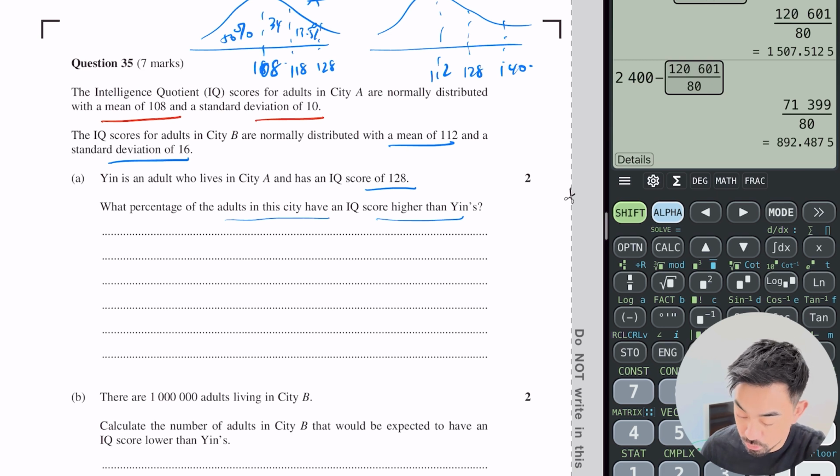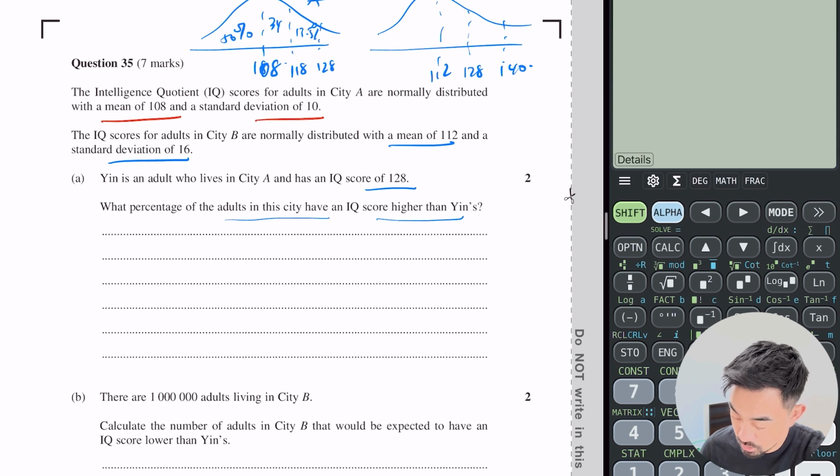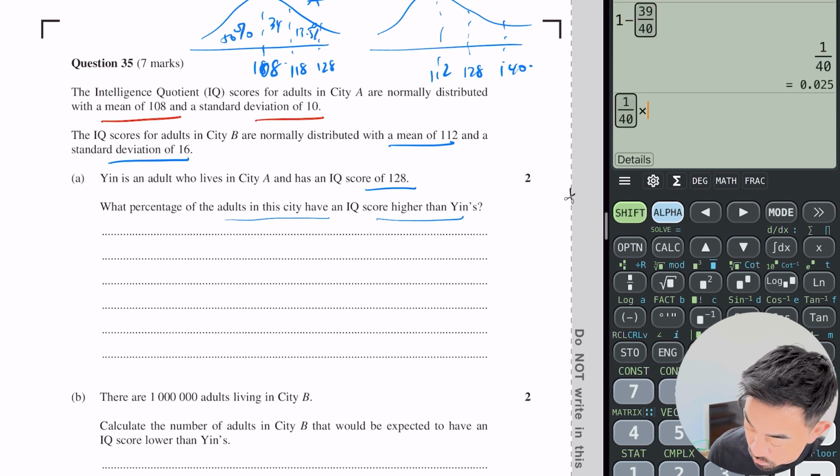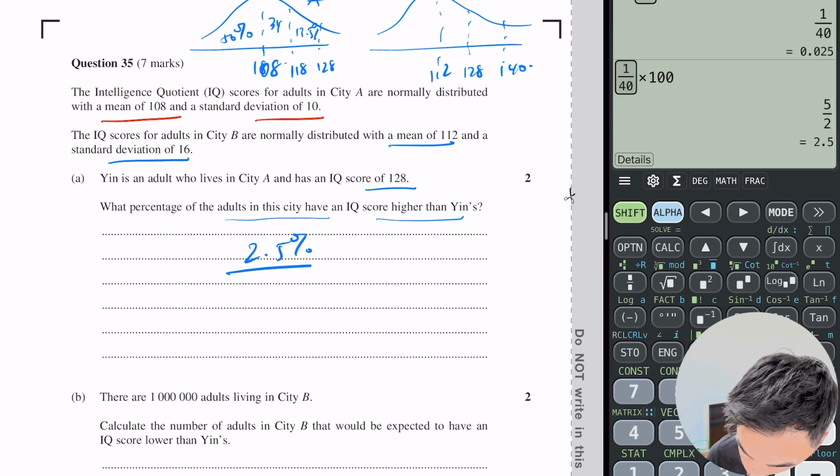So in total, it'll be 1 minus, or let's just do it. 0.5 plus 0.34 plus 0.135, 1 minus that answer. So in total, there will be 2.5% of people smarter than Yin.